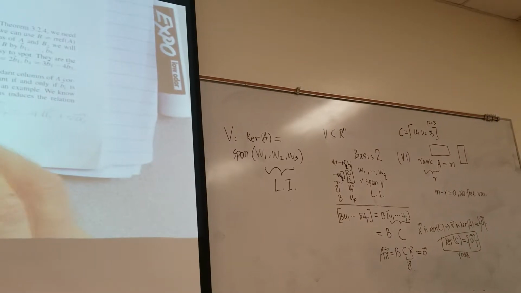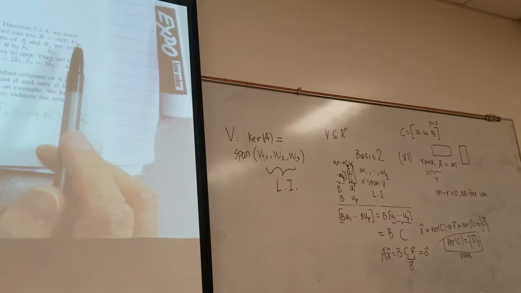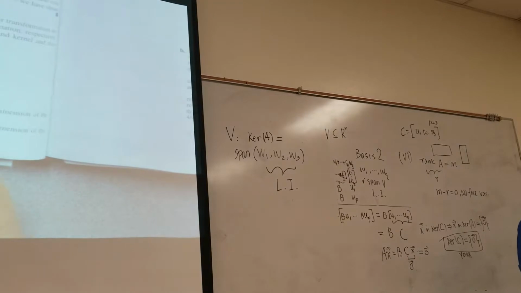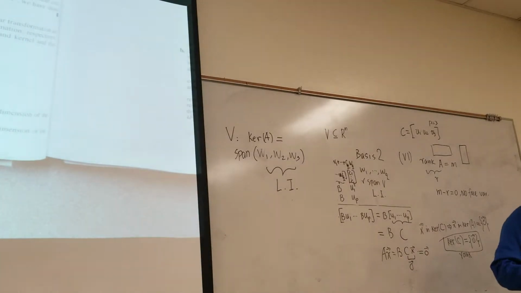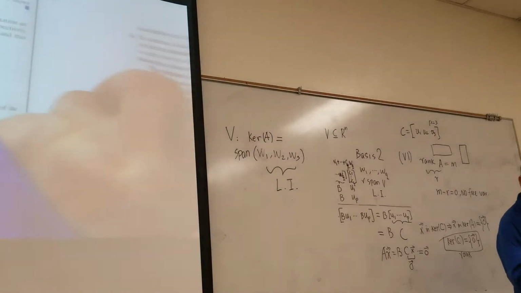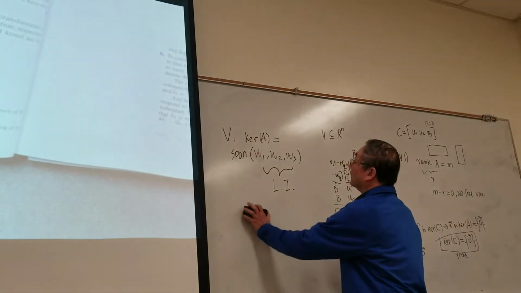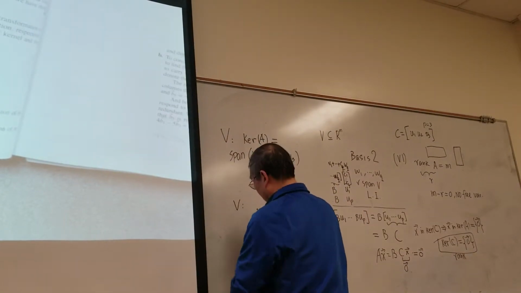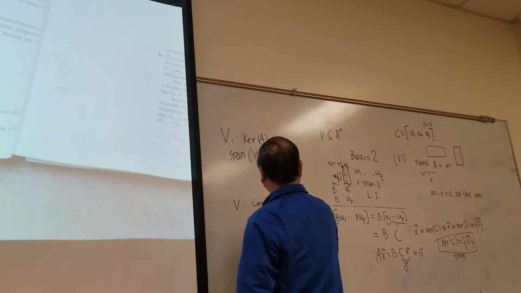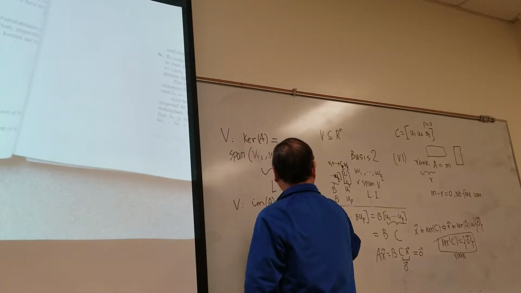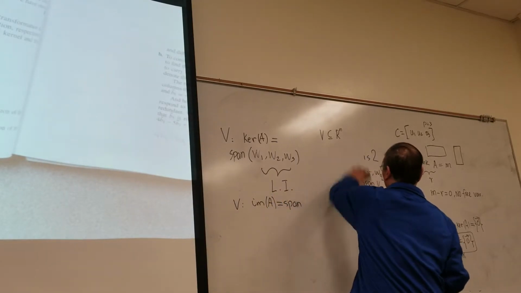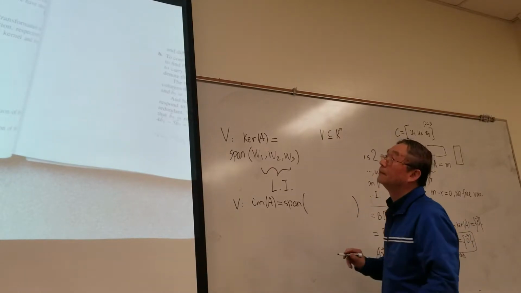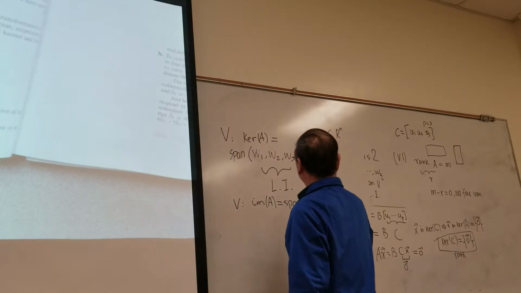How about the image of A? The image of A is spanned by these columns, right? So we can write down image of A. So this time the subspace is the image of A. It is spanned by the columns of A. So what are the columns? 1, minus 1, 4, 3.